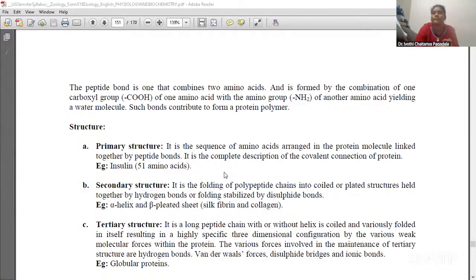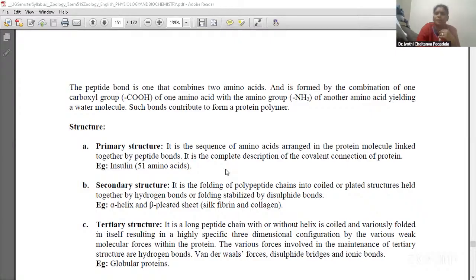There will be the presence of various weak molecular forces within the protein to stabilize the structure. Such forces are van der Waals forces, and the forces present in the disulfide bridges and ionic bonds.